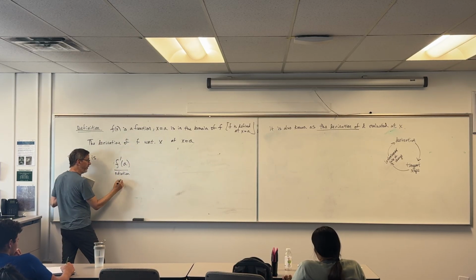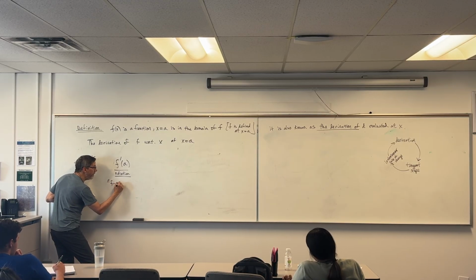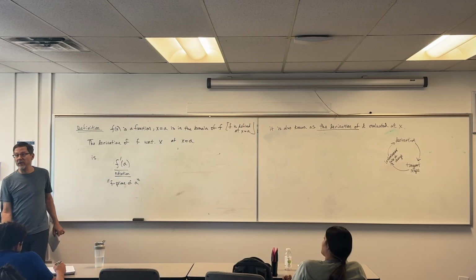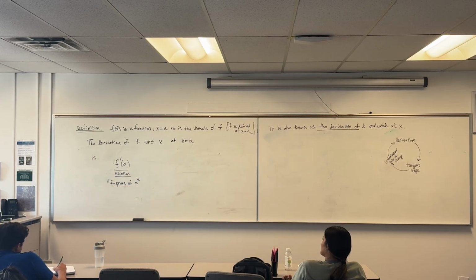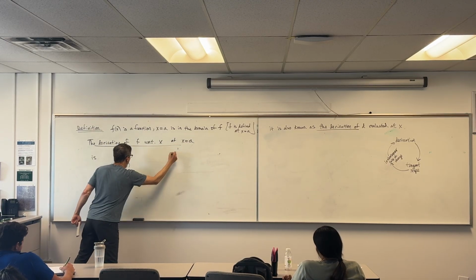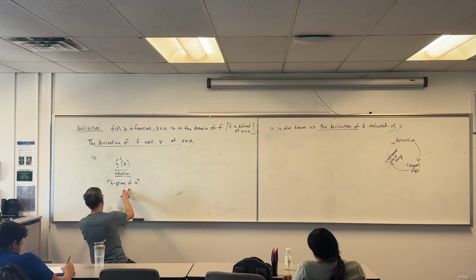And you read that as, if you're not used to it, f prime of a. That's how I would read that. F prime of a means derivative of f with respect to x at x equals a. This is a lot fancier, easier to say, right?